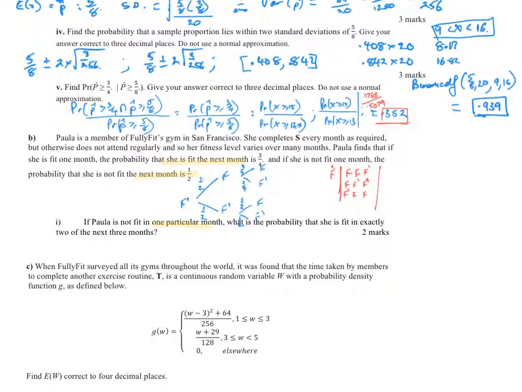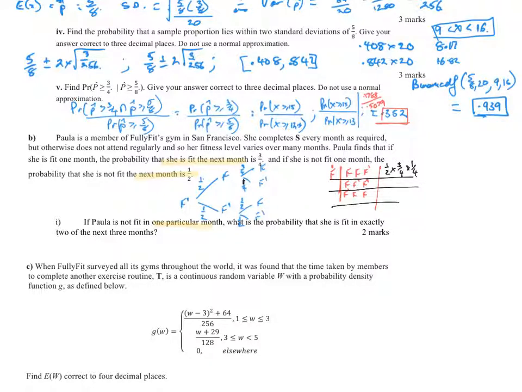So what's that in terms of probabilities? We're starting at not fit. So not fit to fit is 1/2. Into a fit again is 3/4. But then from fit to not fit is 1/4. Next one, we're starting at not fit, going into fit.